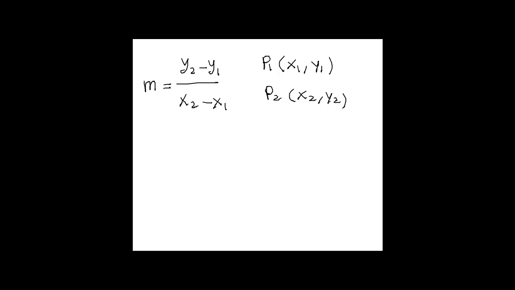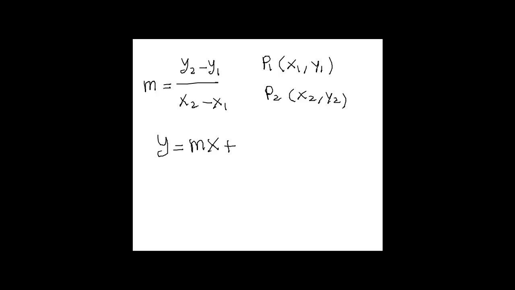Who wants to give me the general equation of the straight line in the slope-intercept form? Okay, anybody? Okay, it's y is equal to mx plus what? Roberto, can you finish that?